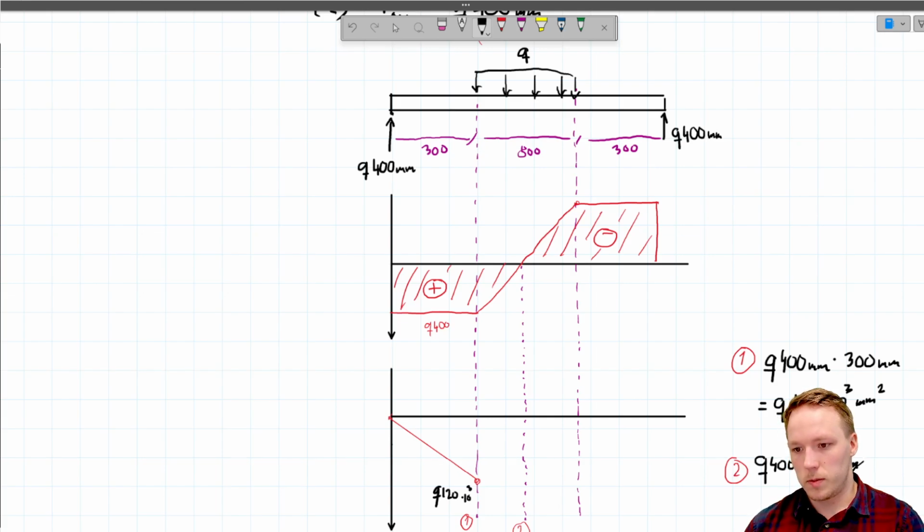Let's leave those millimeters away from here. So 400 times 700, and then the distributed loading is rotating it in the opposite direction, so we have to reduce that. So the distributed loading here, when we go to halfway, is Q times 400 as well. And the length that is rotating this one is 200.